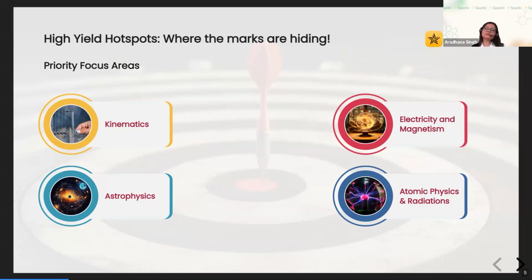This is a quite scoring topic. In year 23 or 24, there were two big questions related to electricity and magnetism. One was of 17 marks and other was of 13 marks. So 17 plus 13, it was 30 marks direct questions given from this electricity and magnetism topic.